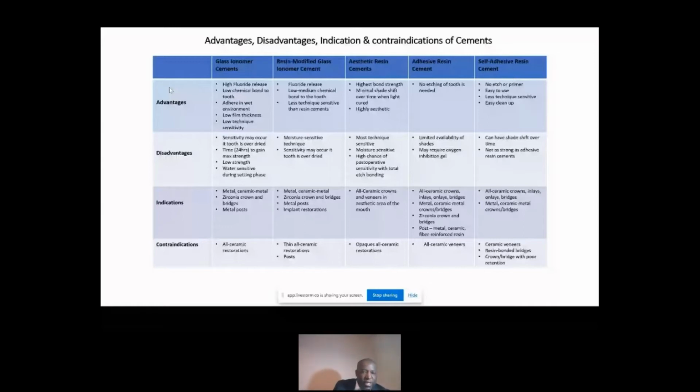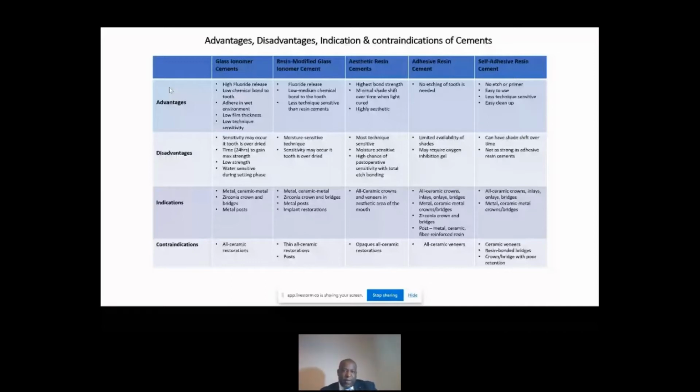Indications for use of these are metal ceramics and zirconia crowns. Contraindications are all ceramic restorations, because as they set, they expand, and as a result they could damage the nice pretty e.max that you have done. So they're contraindicated in such cases.